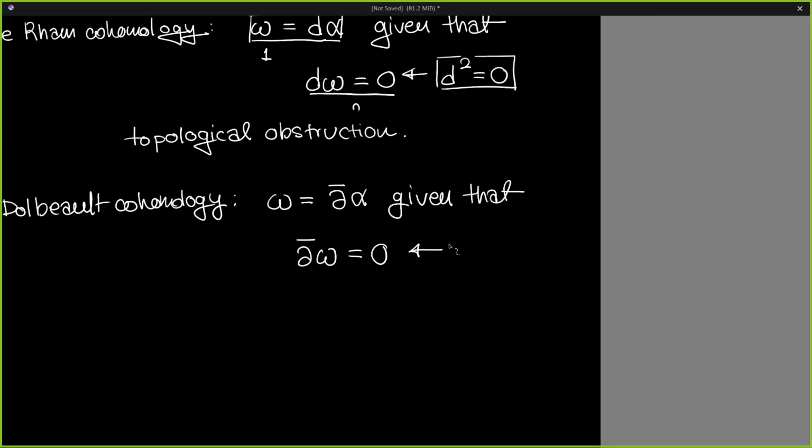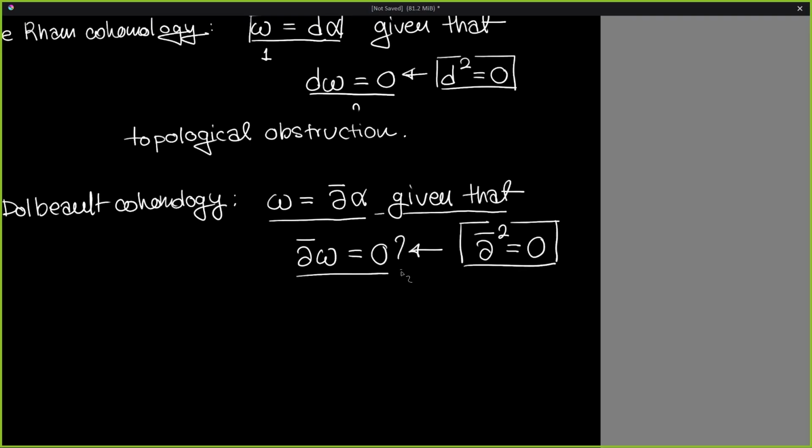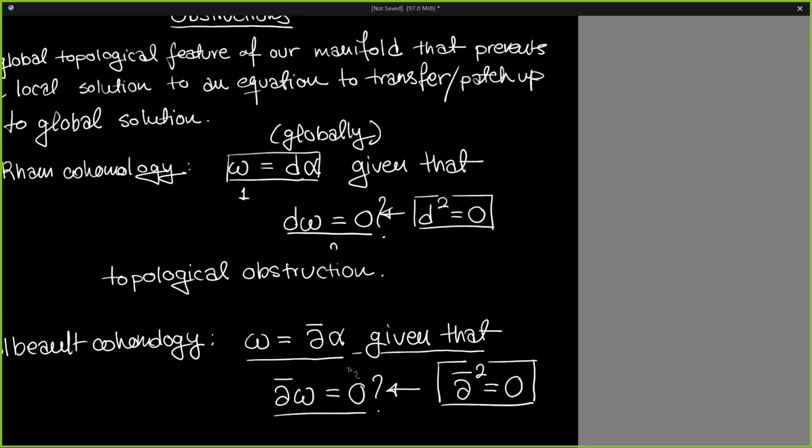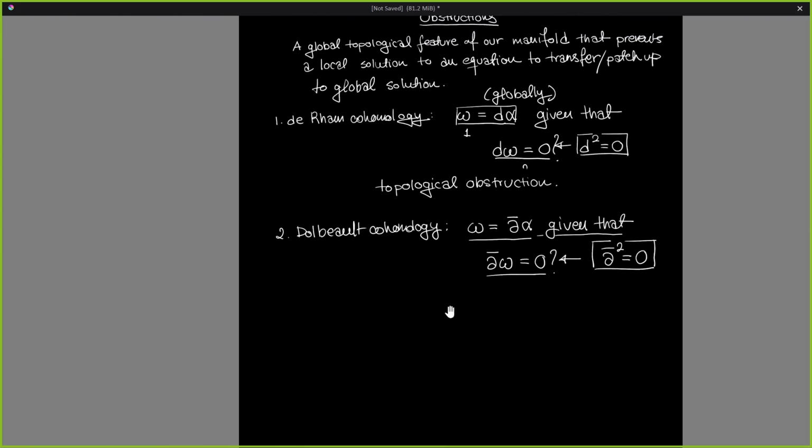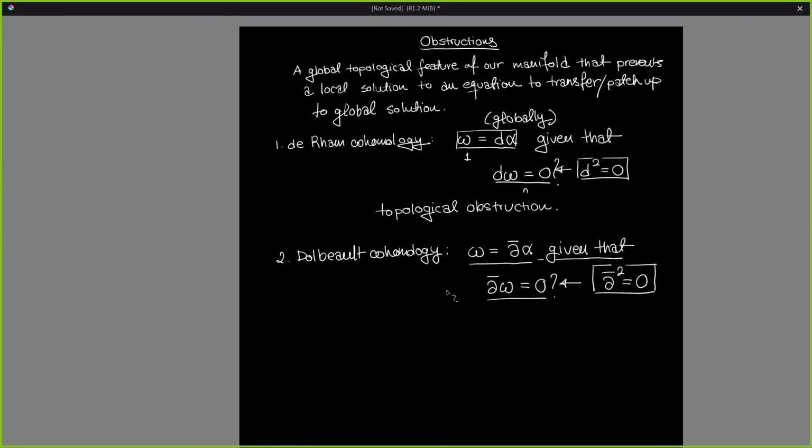And what makes this well defined is partial bar squared is equal to 0. This gives us the same relationship that we had before. It says that the solutions to this equation are a subset of the solutions to this equation. So the idea of asking what the solutions are, given that this is true, is a well-defined question to ask, right? So these are the fundamental solutions.